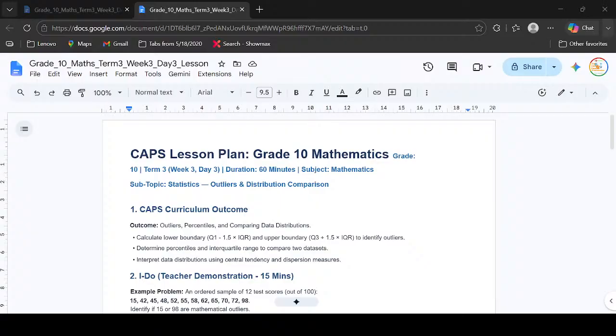Minus 1.5 times IKR. If the number is below this, it's an outlier. Upper fence, Q3 plus 1.5 IKR. If the number is above this, it's an outlier. 1.5 times IKR. Build the fence. Check the minimum. Check the maximum.